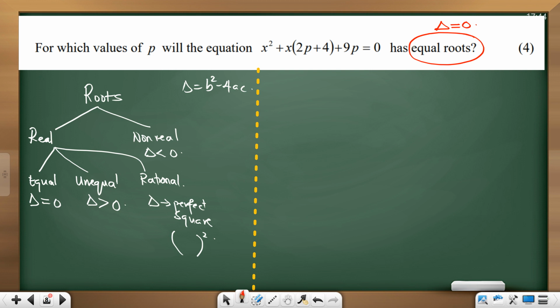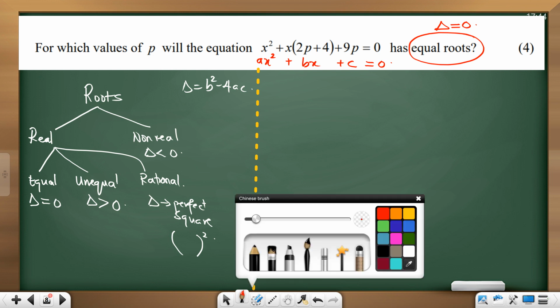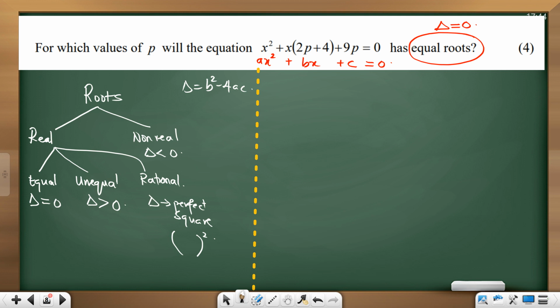But this already is written in standard form because it's ax squared plus bx plus c. It's compulsory to use standard form, because you will not be able to get your a, b, and c otherwise. All right. They said we'll have equal roots. Please mention, for equal roots, I want to show you something very important. Discriminant must be equal to 0. Do you know that's 1 mark already?